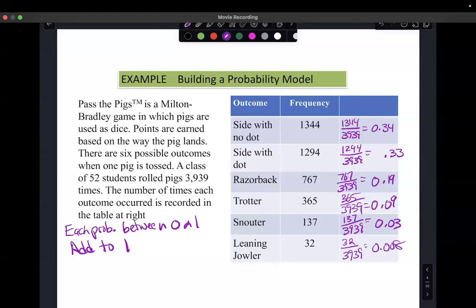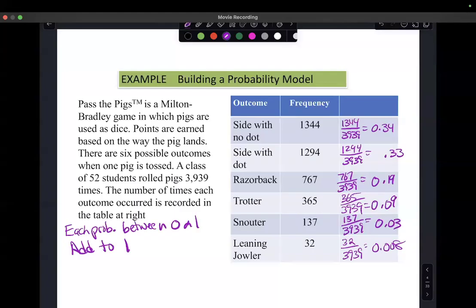All right. So our probability model shows you the probability of each of these outcomes based on our experiment. Now we did 3,939 rolls. So this is probably really close to the actual probability because we have such a large number.